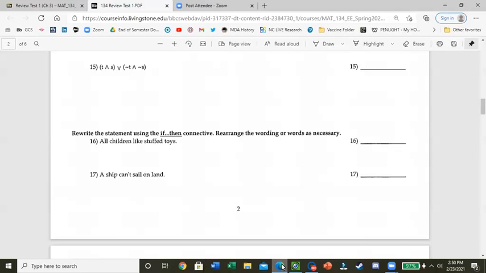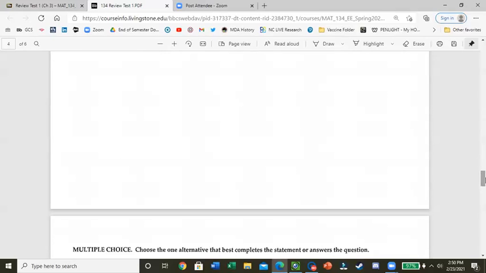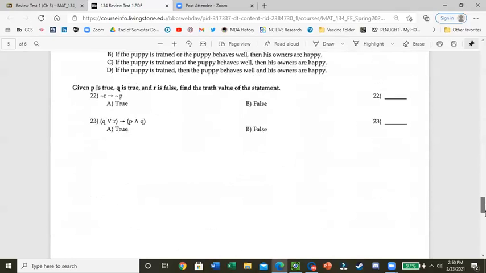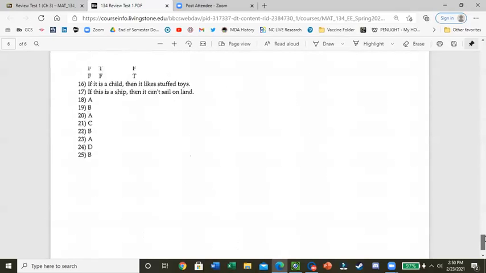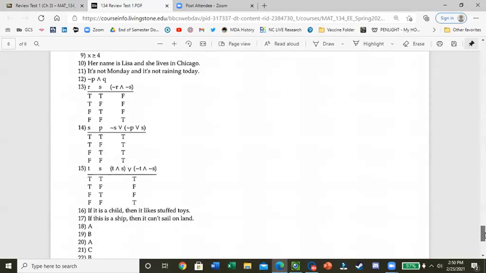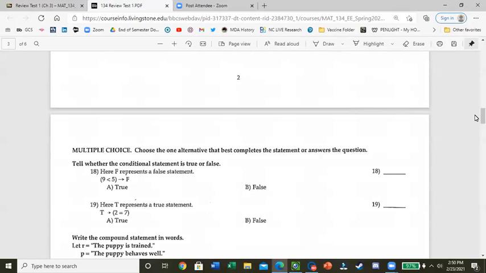And this time we have T and S. Let me just add T. I'm assuming T is going to be first in the table. 15. Yeah, T and S. Okay. So 15, back it up.